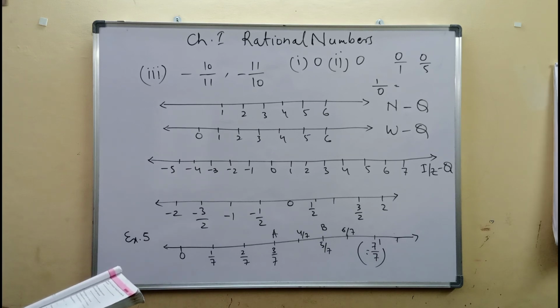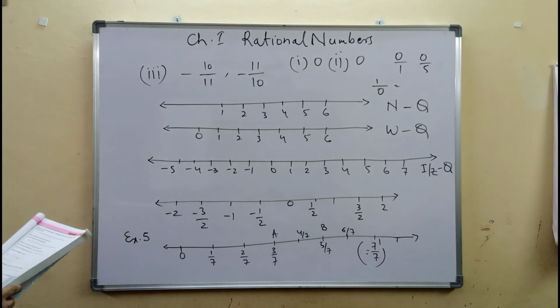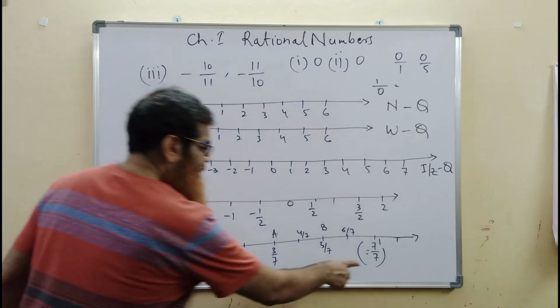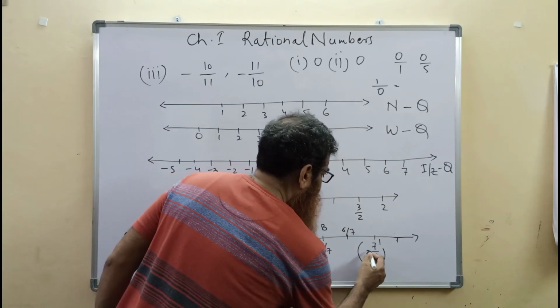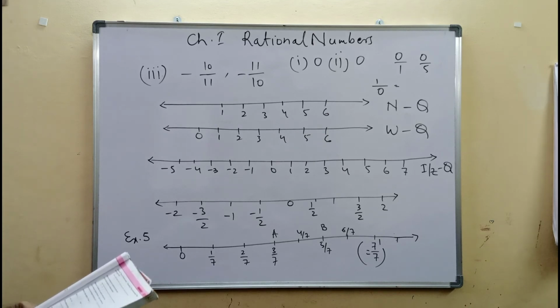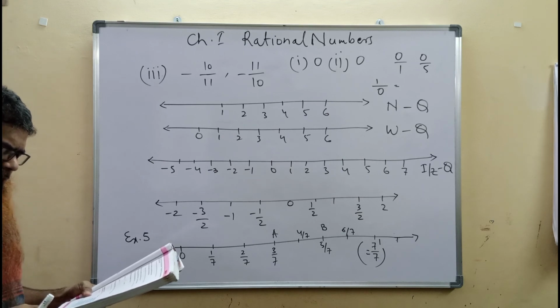An important point to be noted, on the right side in a box on page number 21: any rational number can be represented on the number line. Notice that in a rational number, the denominator tells the number of equal parts in which each unit has been divided.